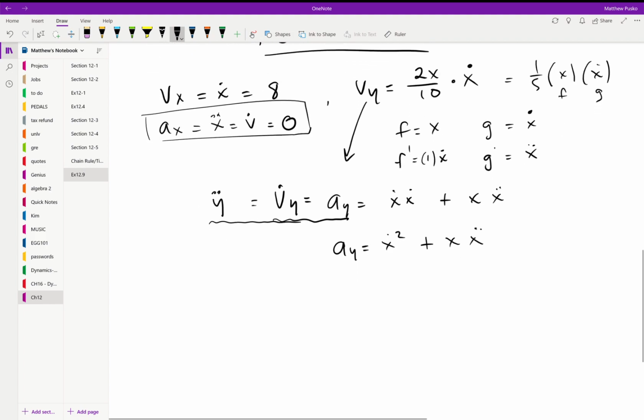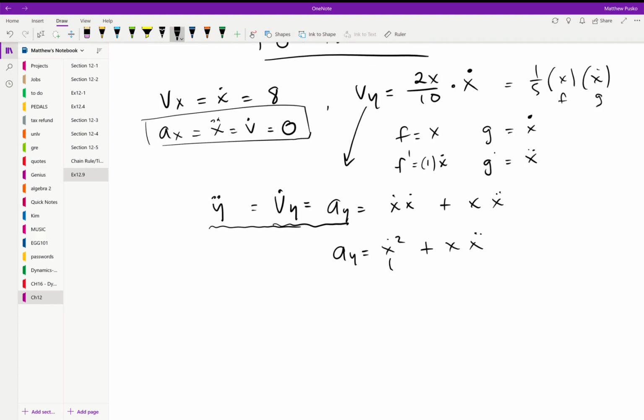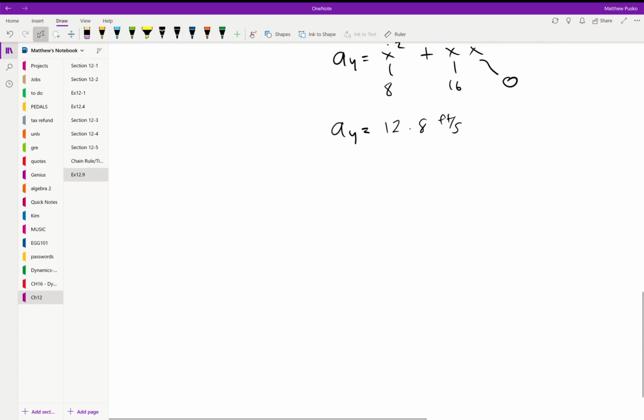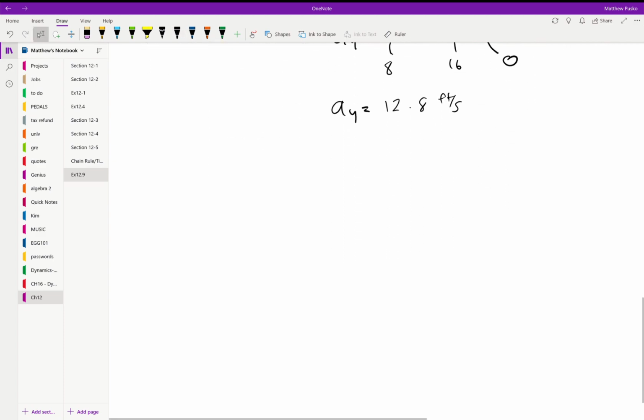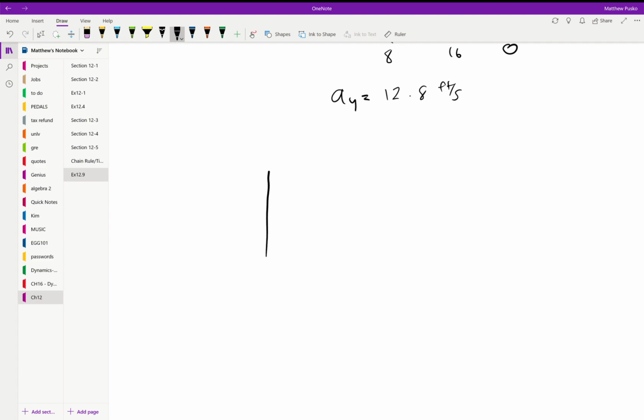And we know x dot was a constant 8, x is 16, and we don't even have to worry about that term because we found that x double dot was actually 0. So I get an acceleration in the y direction of 12.8 feet per second squared. In the x direction we had nothing. We only have a vector that is 12.8 long. That's our acceleration.